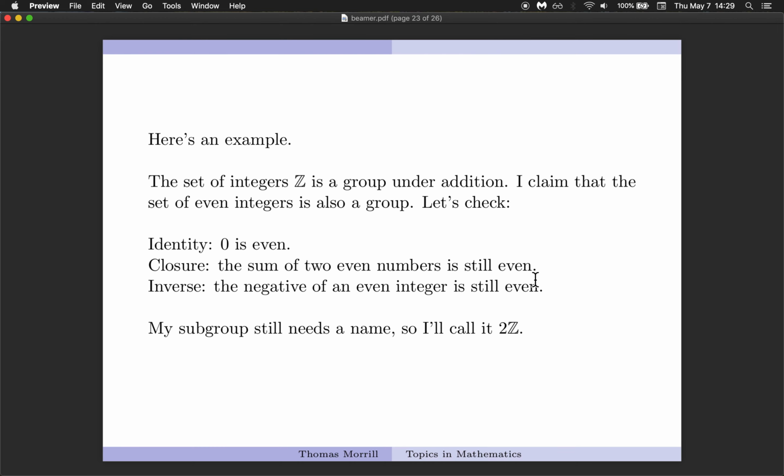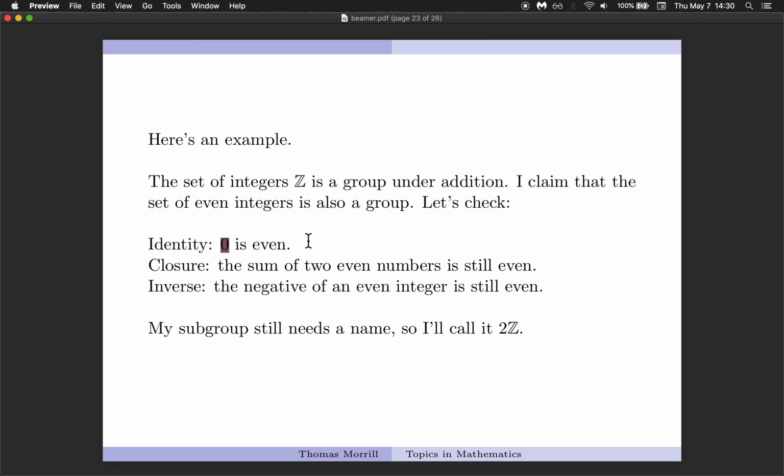So let's take an example. If I'm running this checklist for a subgroup of the integers, so the integers are a group under addition. The identity element in addition is the number 0. So I claim that the set of even integers is also a group. Let me check my 3 properties. Is the set of even integers a group? Does it have identity?